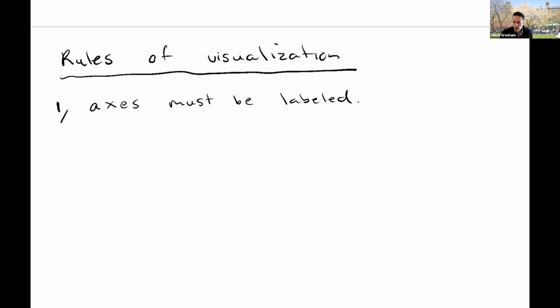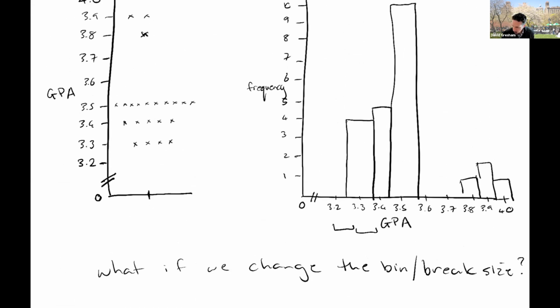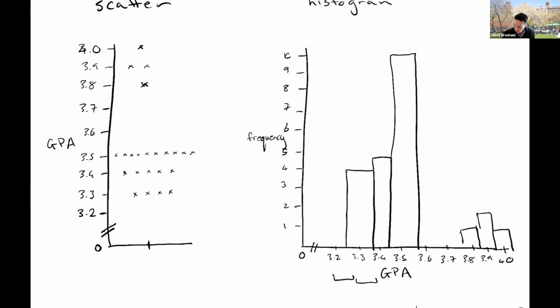Even if your y-axis is frequency or count, it always must have a label. Otherwise, you're asking the person who's reading your plot to guess what it is. And so both axes must always be labeled. And you can see here that I've labeled both the GPA and the frequency, and that is correct.